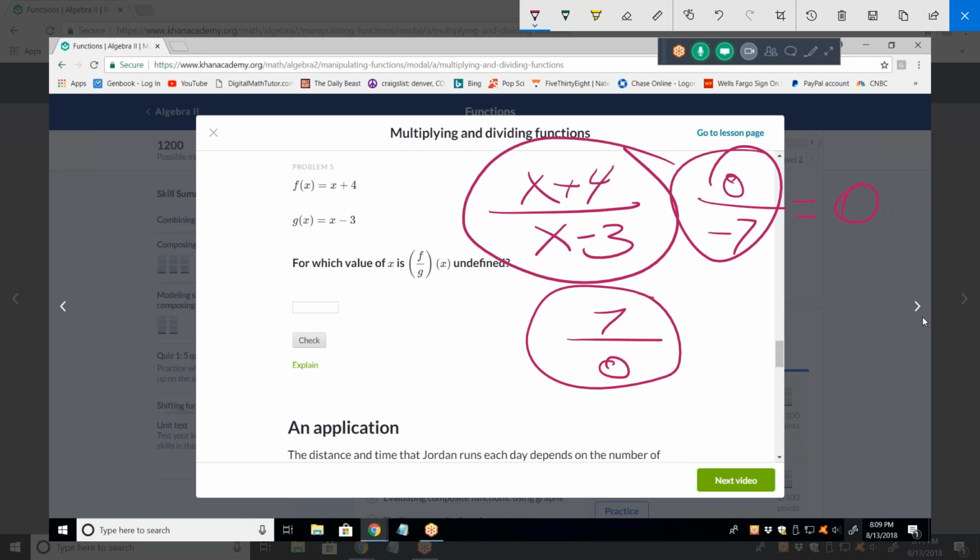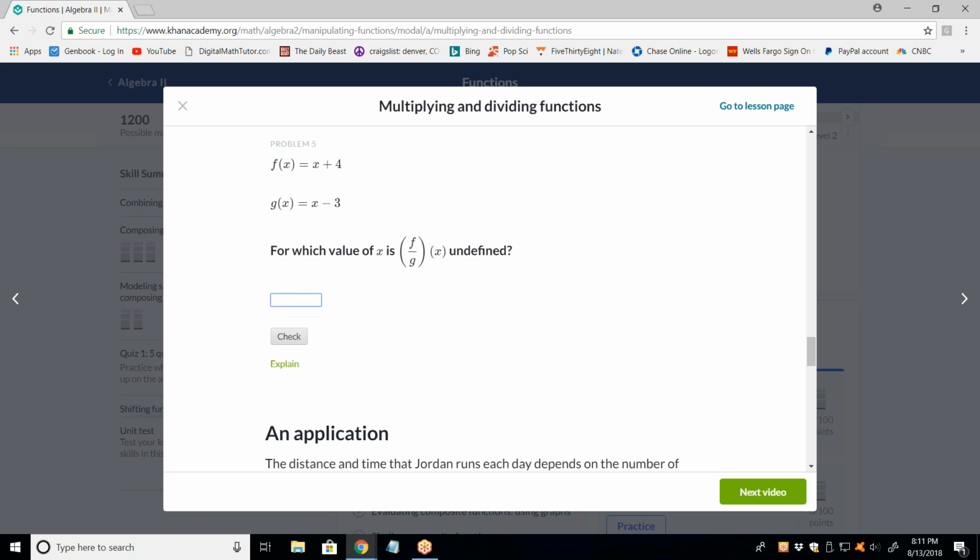Every single one of them will have this as the first rule. Thou shalt not divide by 0. Remember that. And that's what makes it undefined. Because this is basically infinity. When you divide something by 0, you get an infinite number. So the answer is 3.